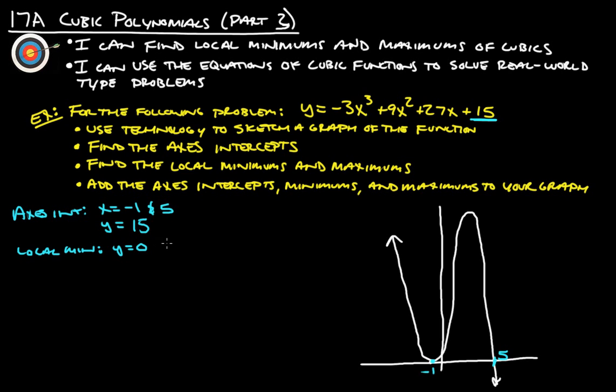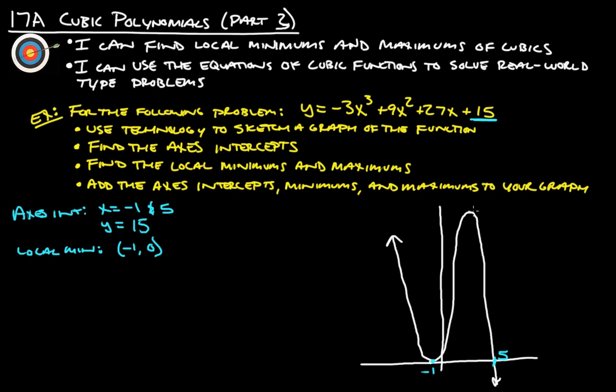We really want to write this as a point instead of just 0, so our local minimum is -1, 0.